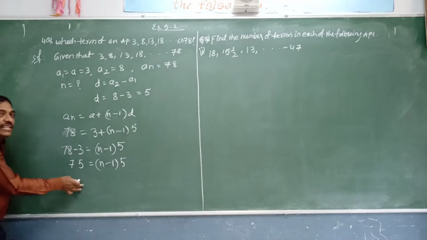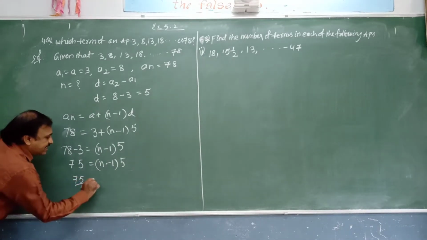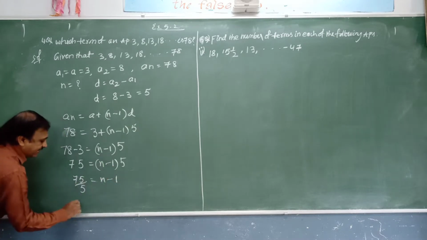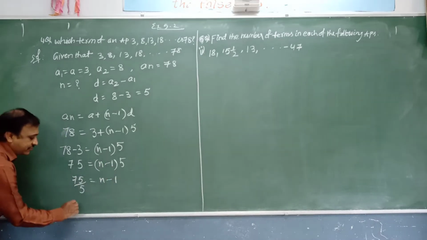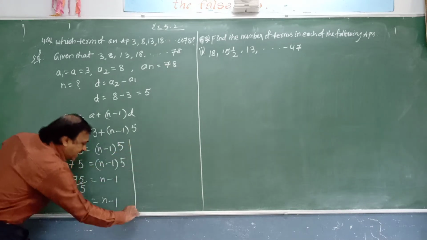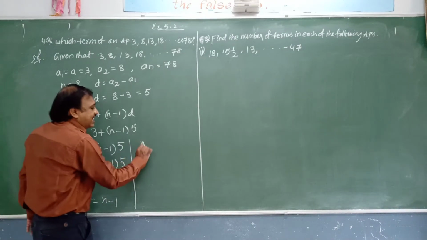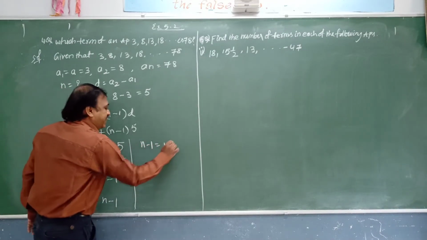Then transpose this 5 to this side, since it is in product form. 75 by 5 is equal to n minus 1, which gives 15. So n minus 1 is equal to 15.